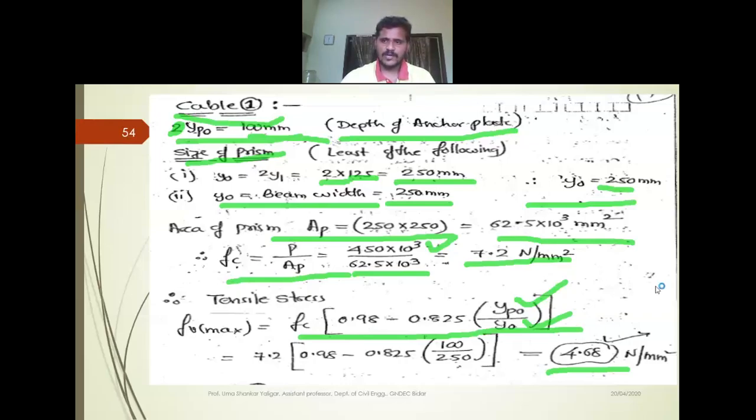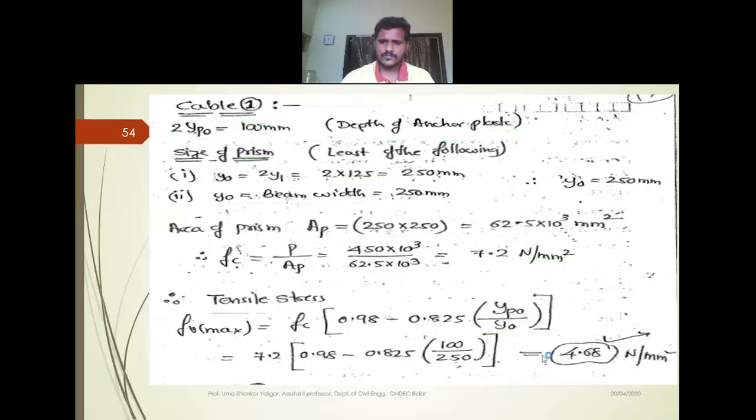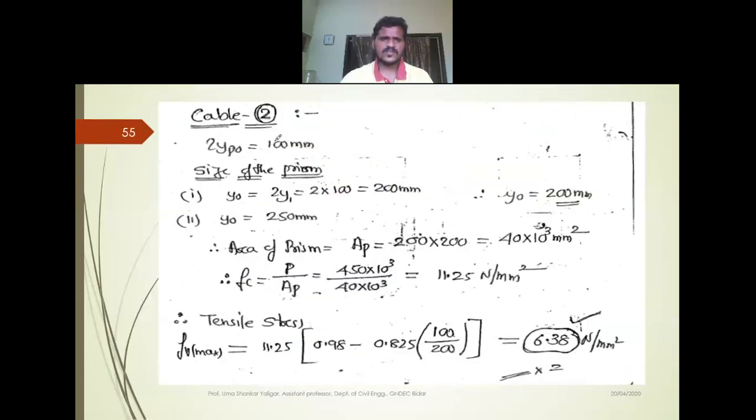Now similarly, we have to calculate for cable 2. In cable 2, Yp0 is once again 100 mm, the depth of the plate. Then the size of the prism. Here Y1 is 100 mm, so 2Y1 is 200 mm, and Y0 equal to the breadth is 250.